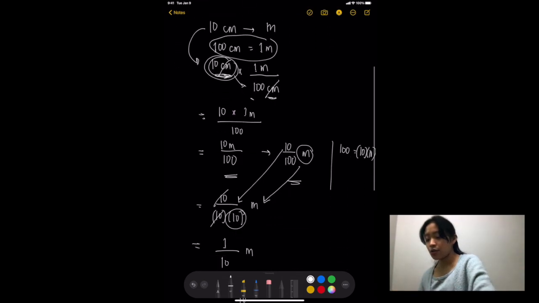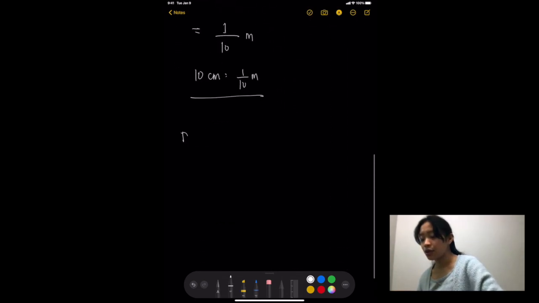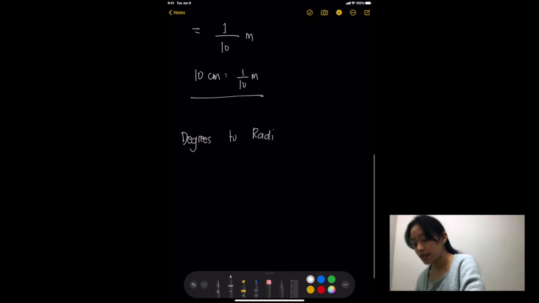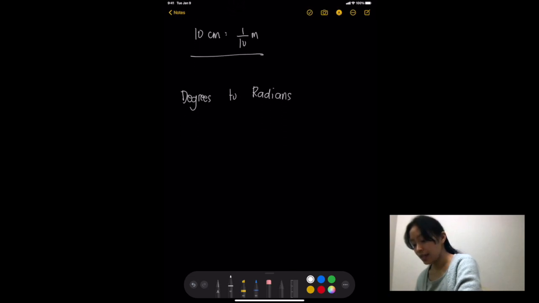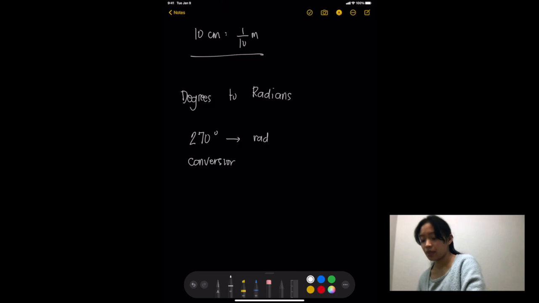So now let's go back to conversion of degrees to radians. Let's say, for instance, I ask you to convert 270 degrees to radians, right?